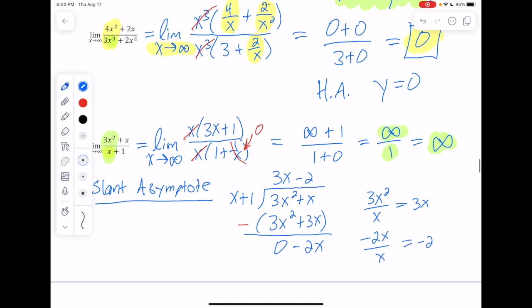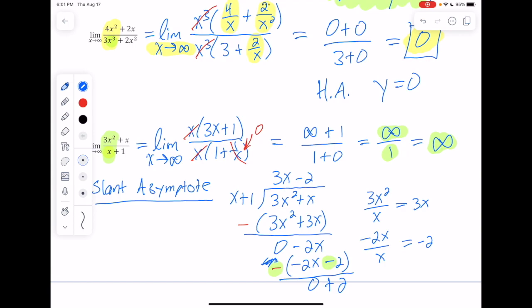That's the next term of our answer. And negative 2 times x plus 1 gives us negative 2x minus 2, whoops, I put that in the wrong spot. And then we take that and subtract it from what's above. If you do that subtraction, negative 2x minus a negative 2x becomes negative 2x plus 2x, which is 0. And the two minuses, this minus and that minus, create a positive, and we get plus 2.